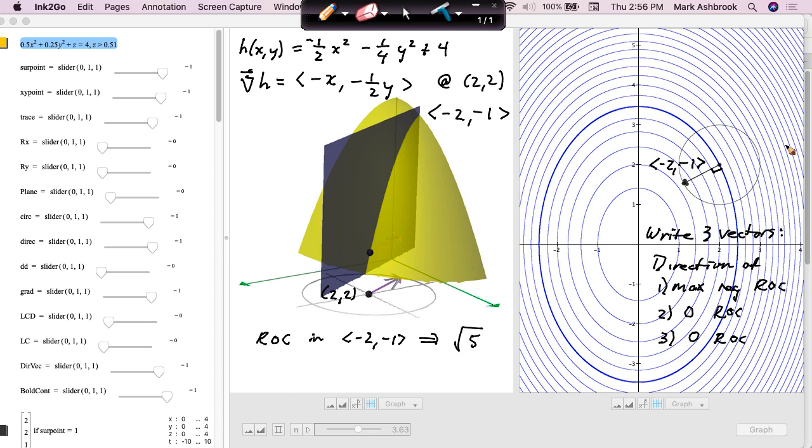Direction. So vectors. 3 more vectors. Gradient? Yeah. The direction of max negative rate of change, or the biggest negative rate of change, should be like the opposite of the gradient. So a hint for this: think about how this would relate to contour lines.